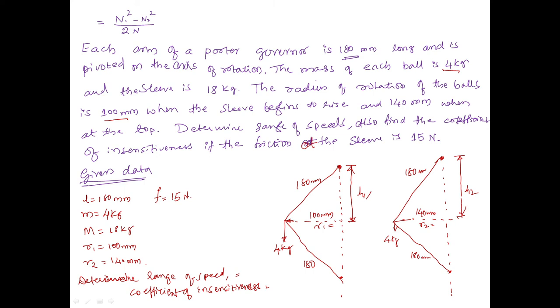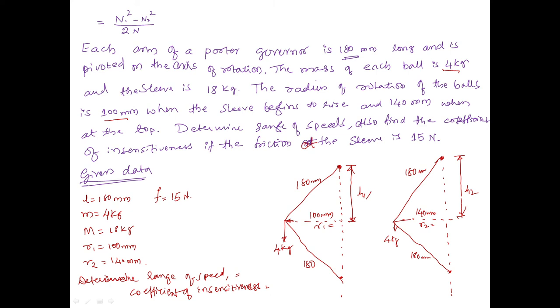The first thing you need to find out is H1 and H2, because you need the speed at H1 and the speed at H2. Once you have the speed at H1 and the speed at H2, you are going to get the range of speed.